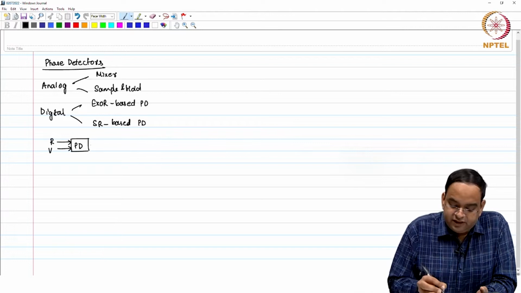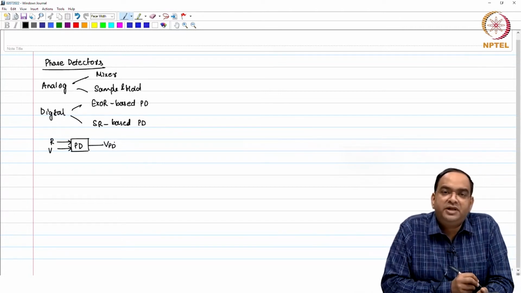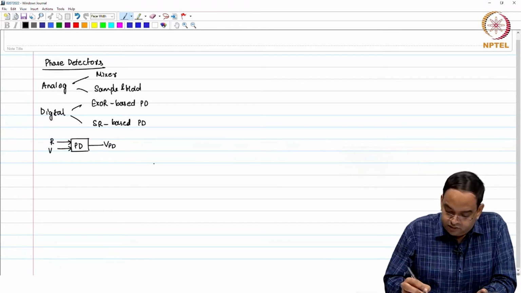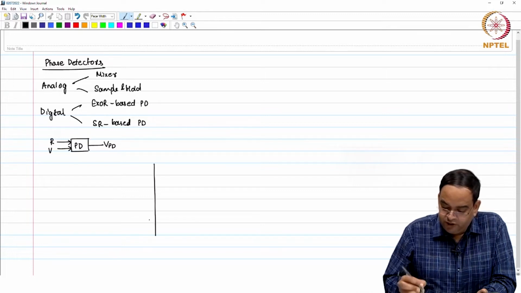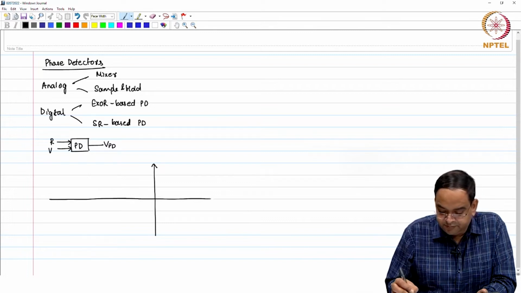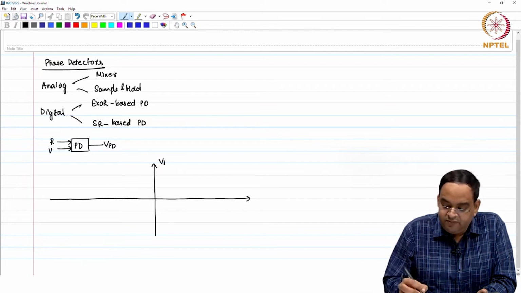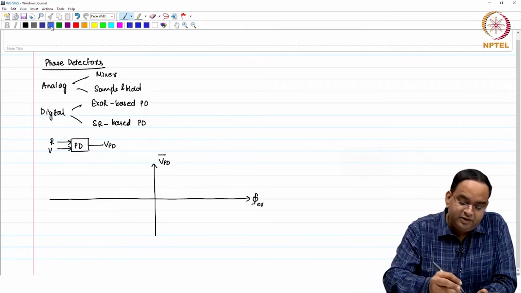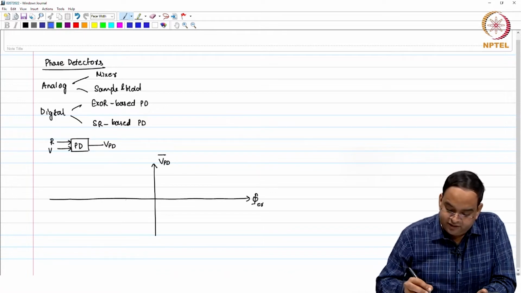You have R and V signals, and what we used to get is VPD, whether we are getting VPD after subtraction between the up and down signals in case of SR based PD, or the digital one where you have the exclusive OR gate PD. So, the phase error detector output which we plotted was VPD average versus phase error. There were sinusoidal phase error detectors which we saw.